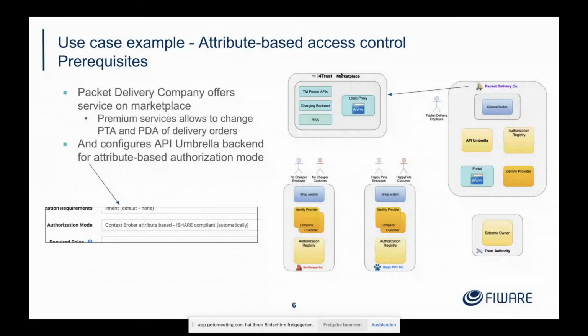Now, what this packet delivery company needs to do first is, of course, creating an offering at this marketplace, or even different offerings like the standard and the premium one, configuring these offerings and making them available for other organizations to purchase access via this marketplace. And they need to configure their API umbrella.